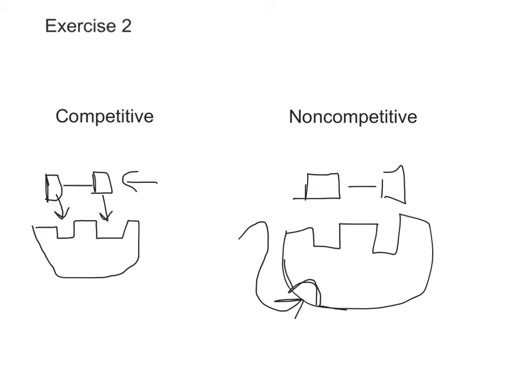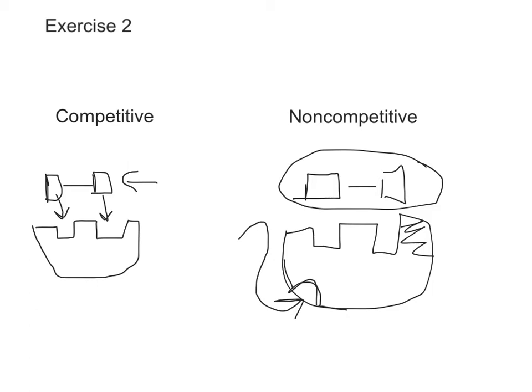By binding to a different spot on the enzyme, it's going to distort part of your lock. Think of it as melting part of your lock, and so then our substrate is not going to fit. And if it doesn't fit, it's not going to create our product. And no matter how much substrate you flood into your test tube, it is not going to stop this inhibition. Any additional substrate is not going to reverse inhibition.